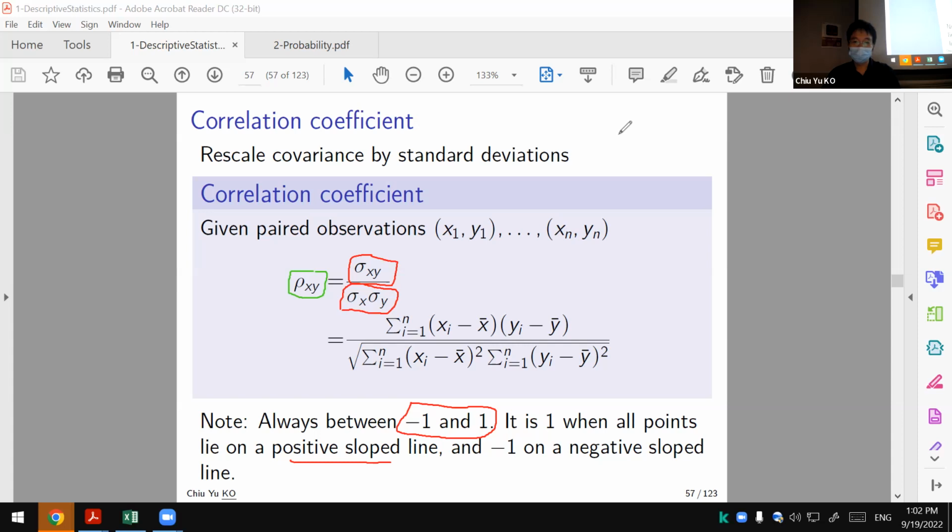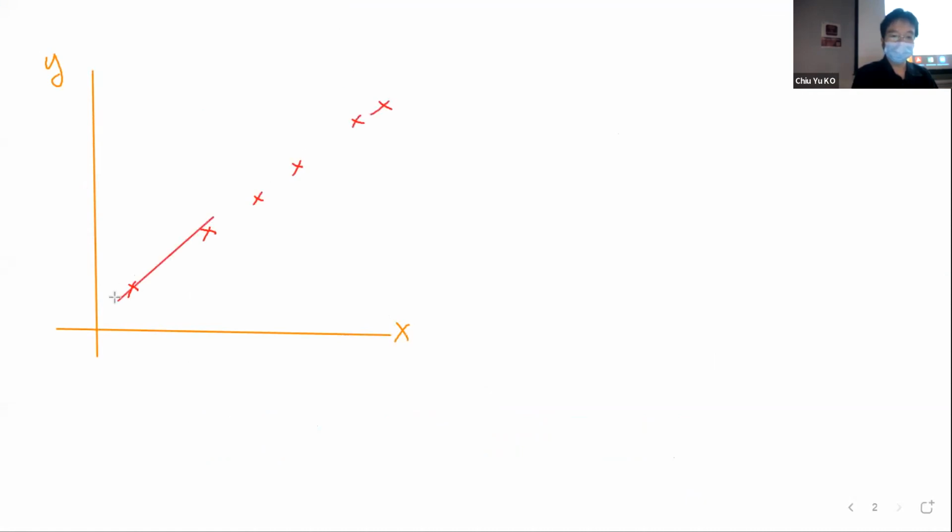Just let me do a picture. What you have is the following, just to let you see the idea. Let me use one color. If the data is like this, you can fit it on a line.